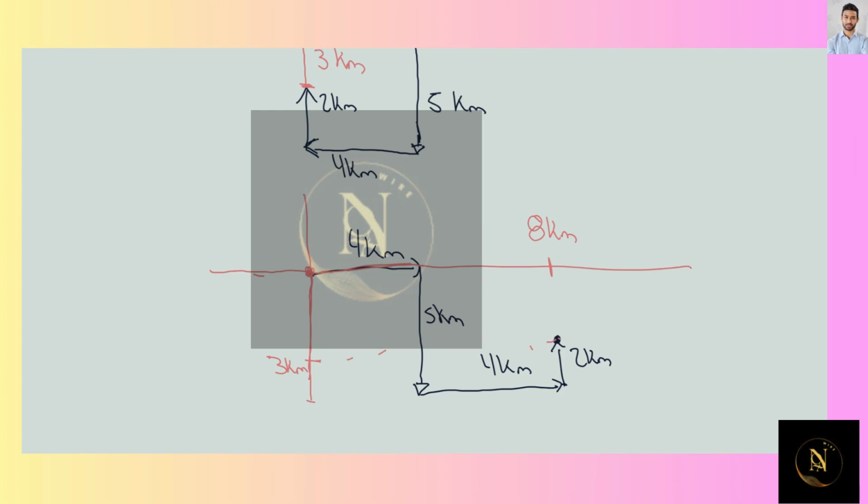Okay, so that means that the total magnitude of the displacement would be the square root of 8 squared plus 3 squared, which would be equal to the square root of 64 plus 9, which is the square root of 73.